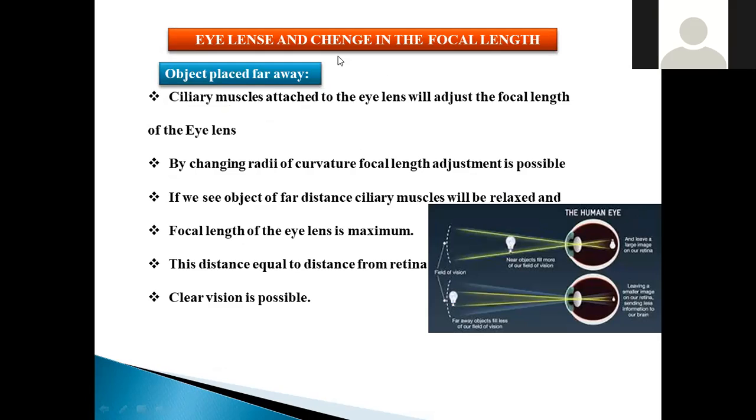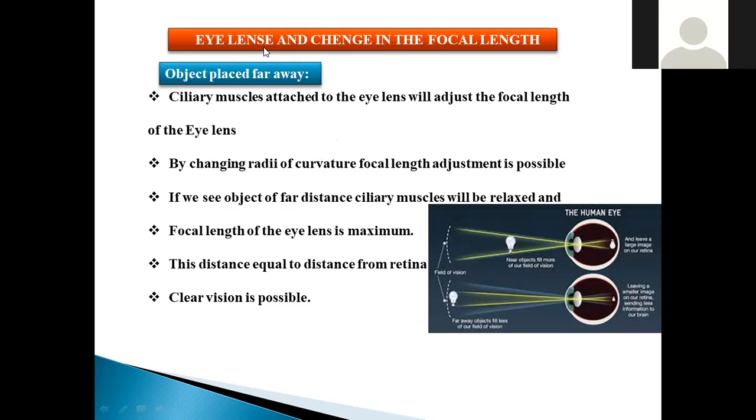Now we are going to discuss the eye lens and change in the focal length. We already know various parts present in the human eye. The human eye consists of the pupil. Around the pupil we have the iris, and the eye lens is directly attached to the pupil.